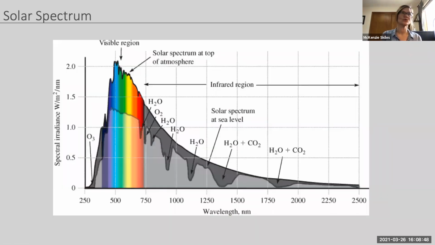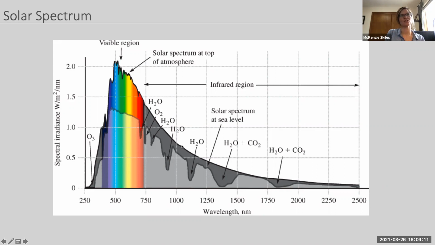So just to refresh on what the solar spectrum actually looks like, this is the distribution of sunlight across wavelengths coming in both at the top of the atmosphere, that's the upper curve, and then at the surface of the Earth, that's this lower curve.